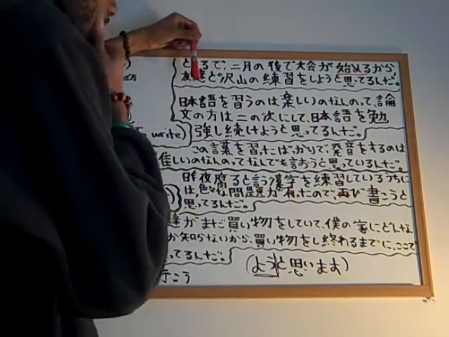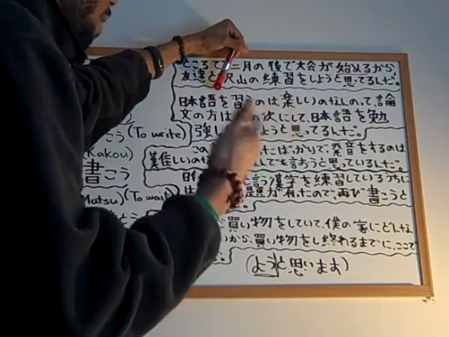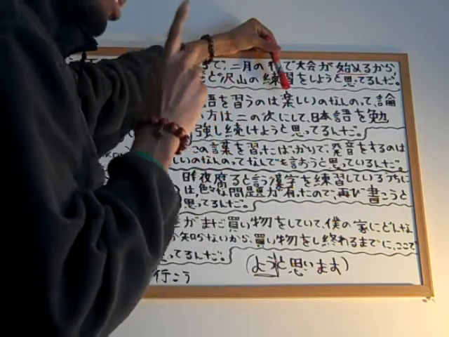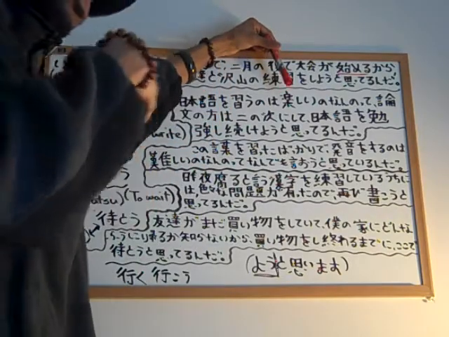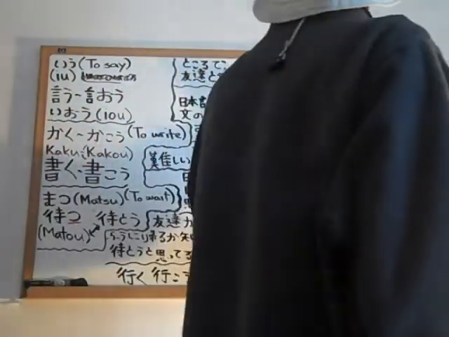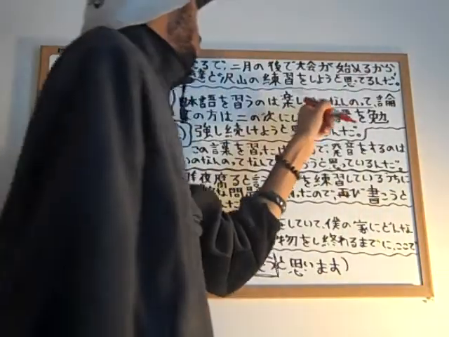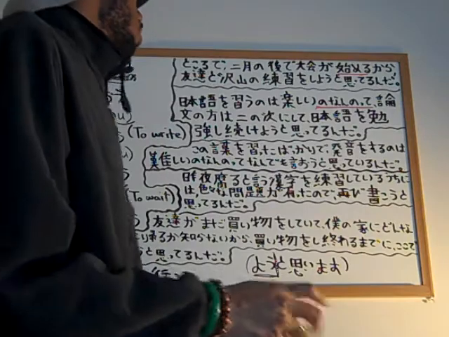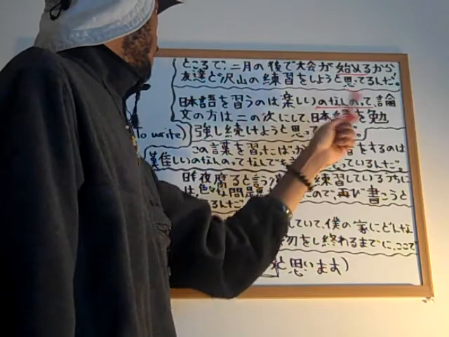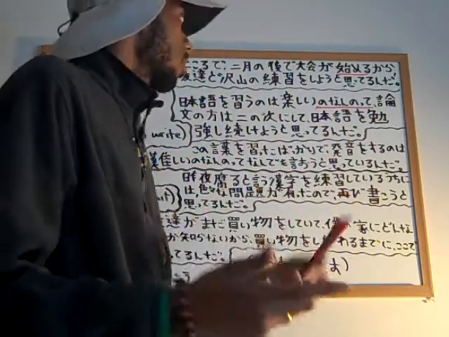Now, first of all, translate. 日本語を習うのは, to learn Japanese, 楽しいのなので. When you say 楽しいのなので it means like it is so fun. This is a special construction you could use. It is so fun to learn Japanese that, like, something's about to happen.